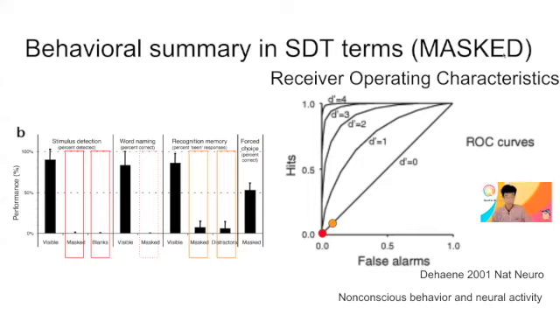This is good evidence for d prime 0, a complete chance situation. And the final behavior, the forced choice, is 50-50%, corresponding to 50% false alarm and 50% hits, exactly on this diagonal. So it's all consistent with d prime 0 for the masked situation. Very beautiful result.